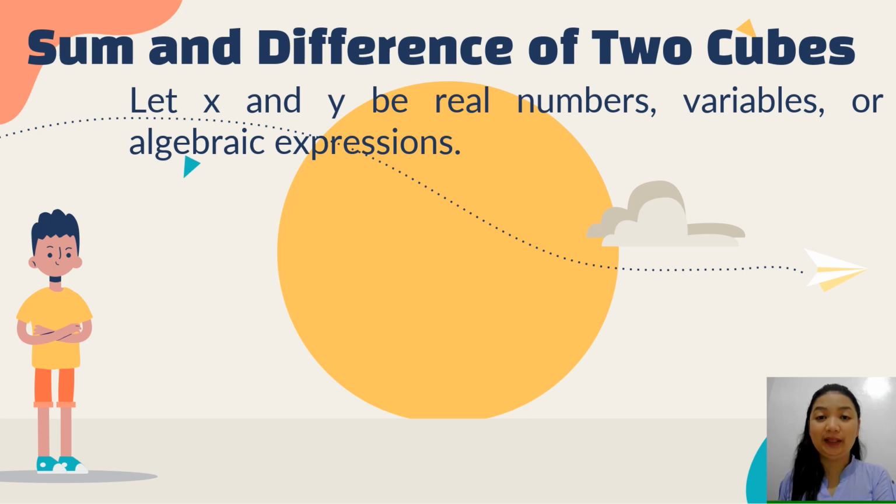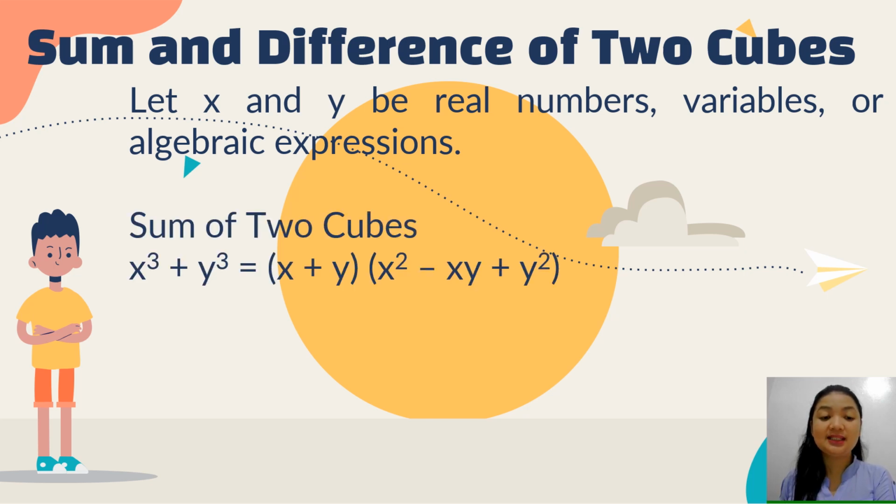Let x and y be real numbers, variables, and algebraic expressions. So let us have the sum of two cubes. This is the sum of two cubes. Notice that the given binomial terms are both in the third power, and then the symbol between them is an addition sign.